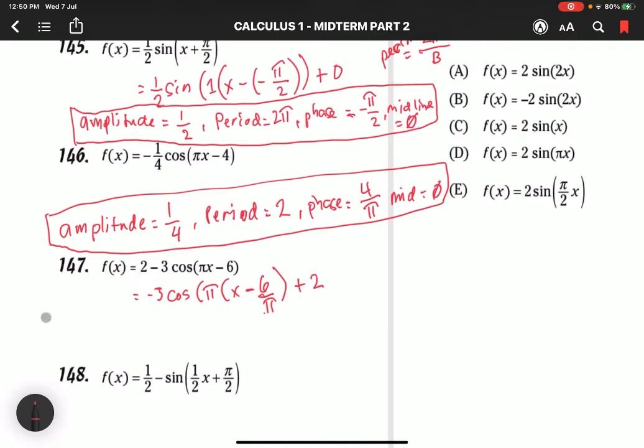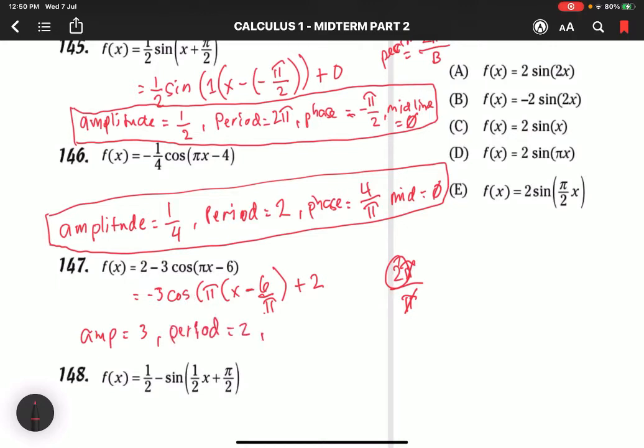Okay? So, ano sagot natin? Yung amplitude equals 3. Remember, walang sign. And then, yung ating period ay c, pi, no? So, kung 2 pi over pi, then cancel. So, ang period natin ay 2. Period equals 2.